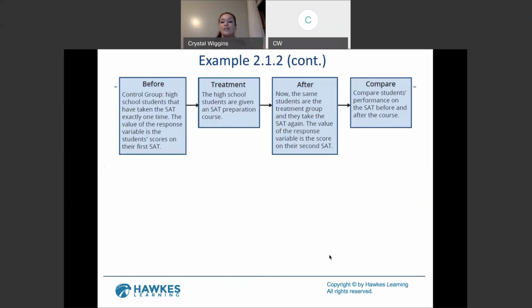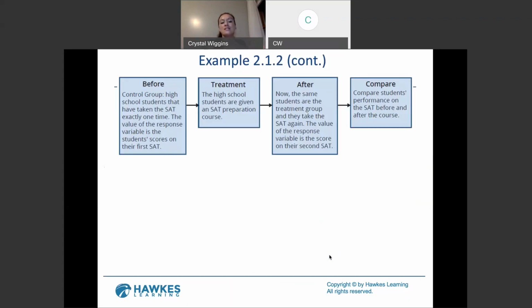We are human. We all have different learning levels. We all understand material different ways. So how can I compare my SAT scores with a prep course to a completely different person's SAT score without the prep course? How would you know that I did better than that person because of the prep course? Maybe I would have just done better on the test than the other person, period, without the prep course.